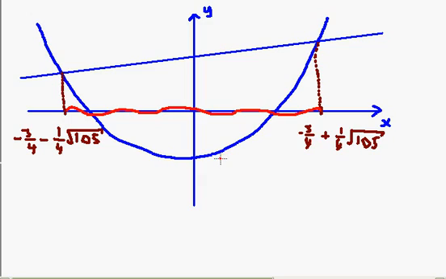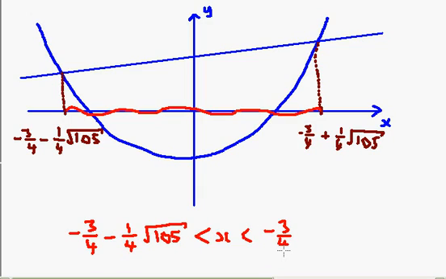In that region. So I can write that x can be between minus 3/4 take away 1/4 of the square root of 105, and minus 3/4 plus 1/4 of the square root of 105.